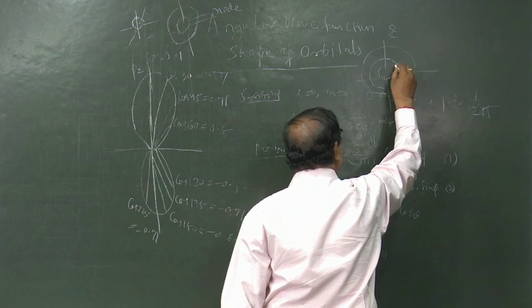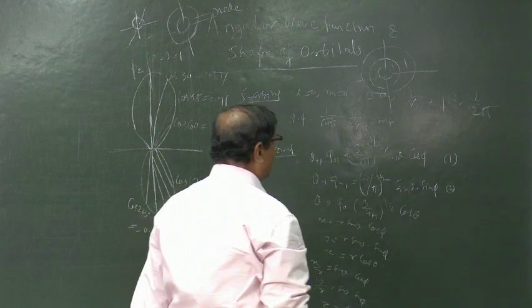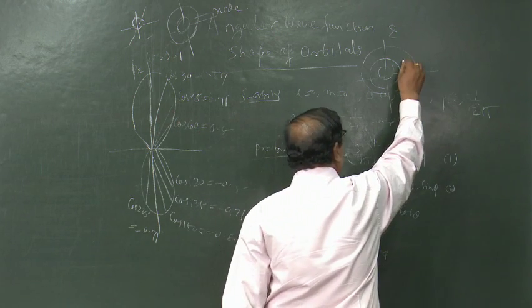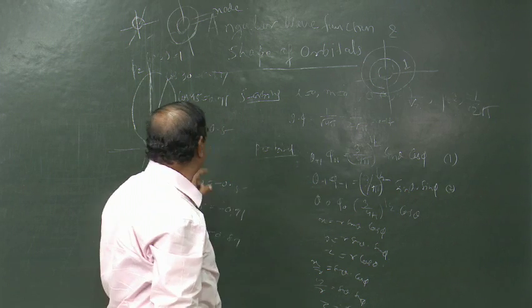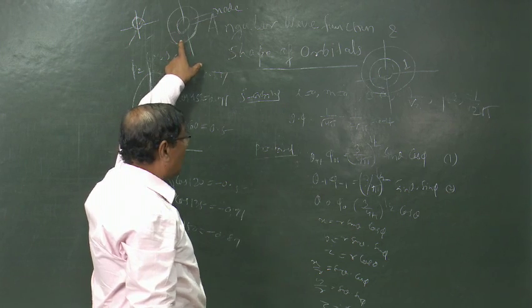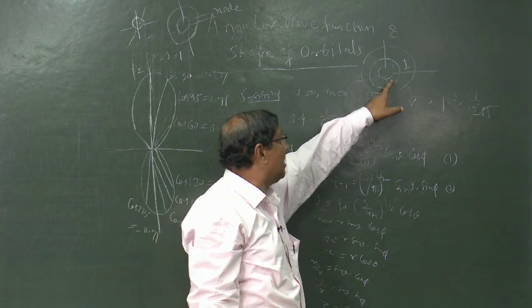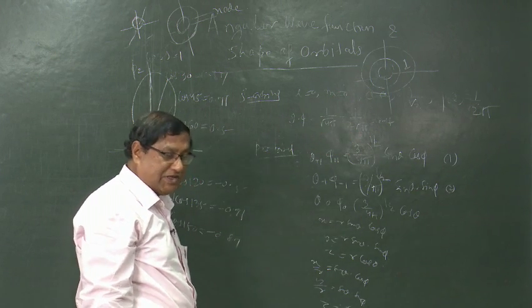So, these two gaps are the nodes, the region where the probability of finding the electron is 0. For the 1s orbital there is no node, for the 2s orbital there is one node, and for the 3s orbital there are two nodes, and all s orbitals are spherically symmetrical.